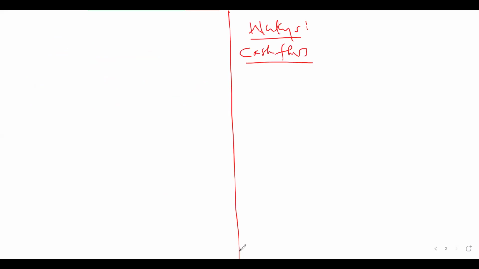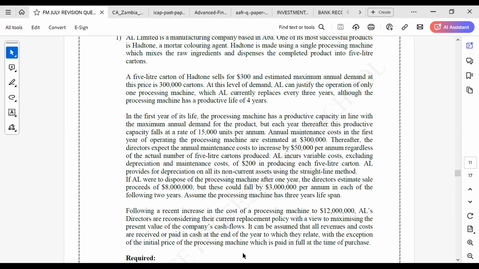Let's have year 1, year 2, year 3. How much are we selling 1 unit for? $300. And what is the variable cost that we are incurring?